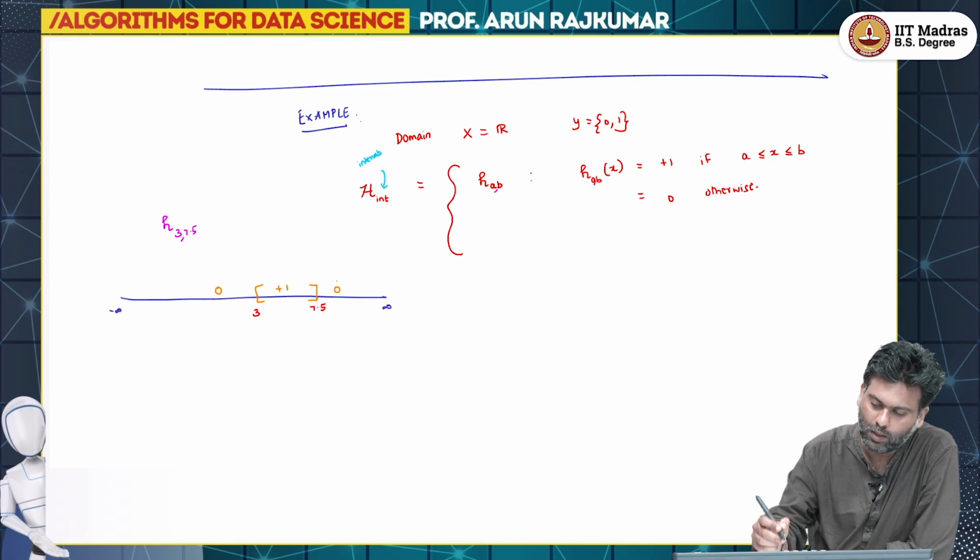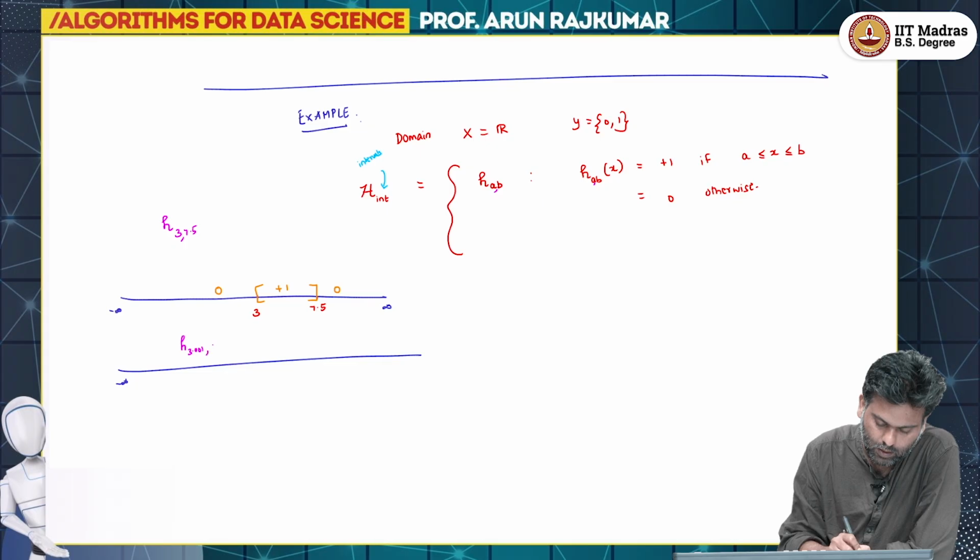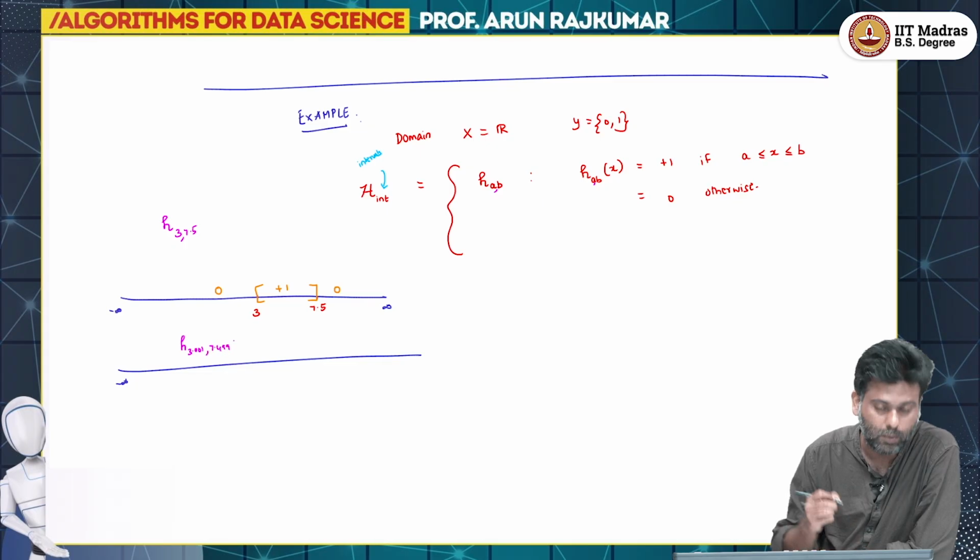Now, there might be one more classifier which is 3.1 comma 7.4. So, 3.001 comma 7.499 might be a different classifier, with an almost similar interval, going to be +1 here and 0 elsewhere.